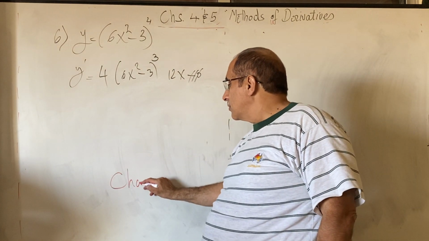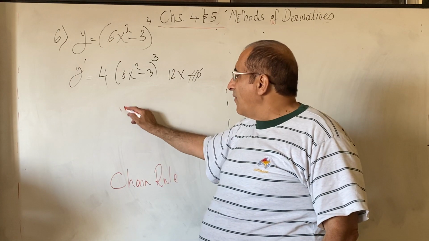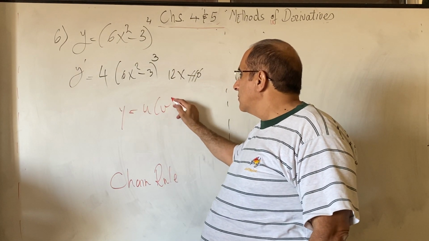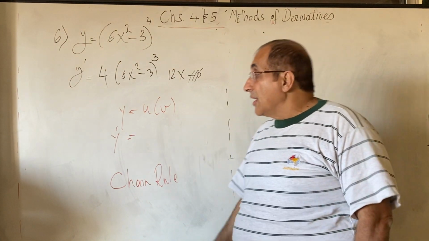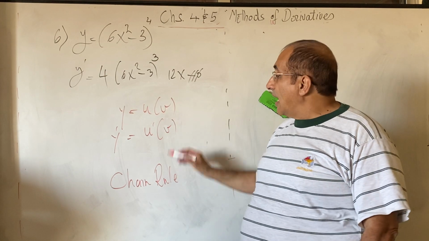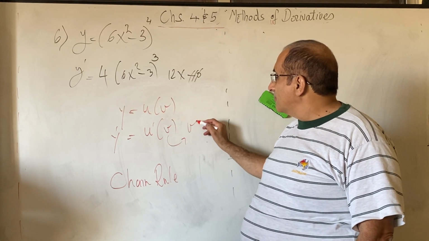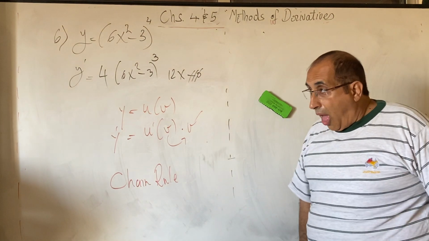the chain rule. Chain rule, simply, if you have a function called u of v, what is the derivative of that function? It is the derivative of u, whatever is inside the bracket, times the derivative of the inside. Some people say, I don't understand.